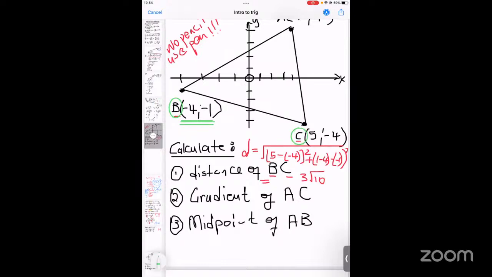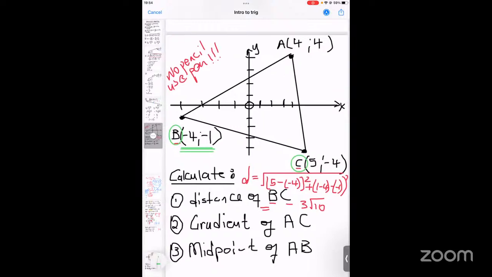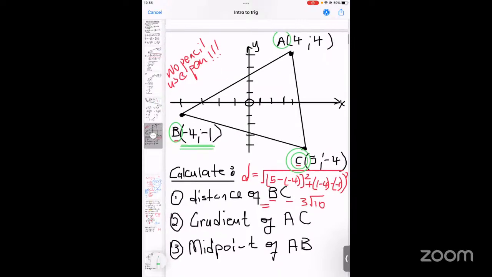Then when it comes to the gradient, you see now we change the points. It's now point A and point C. Then you start again to assign between those 2 points, which one is x1, x2. So now I will therefore say the gradient will be equals to my y2.